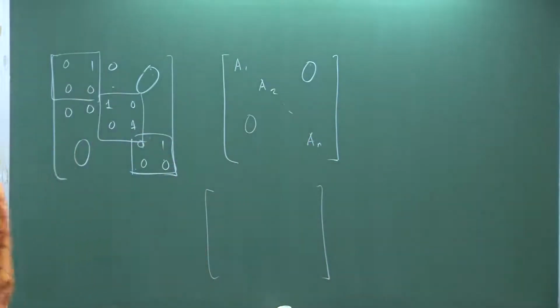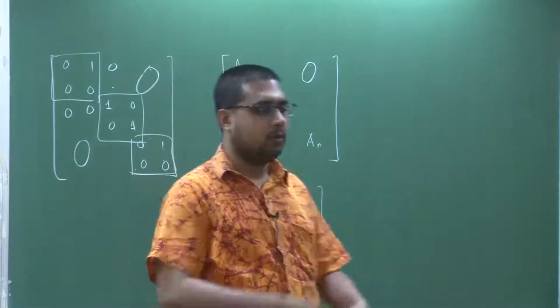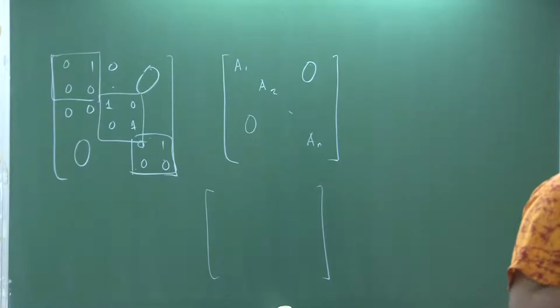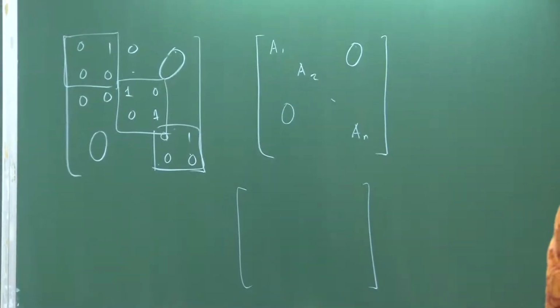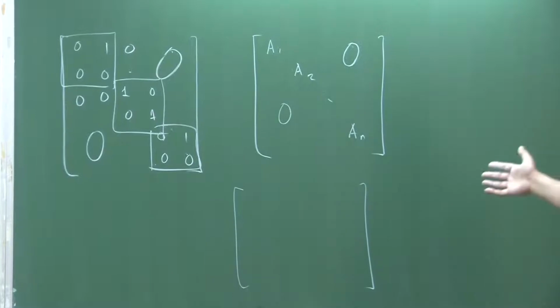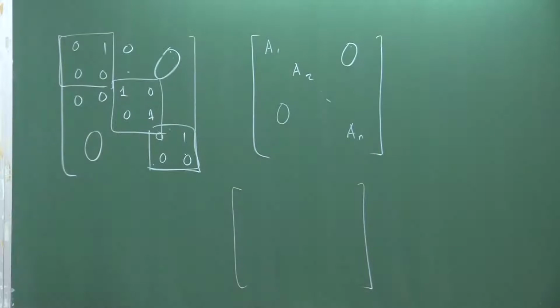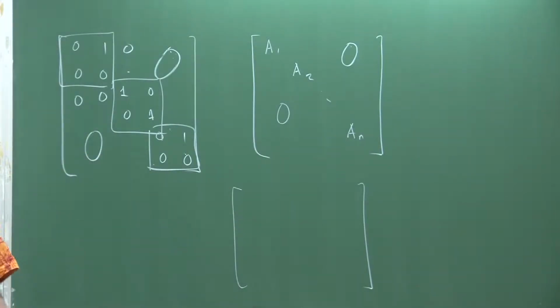Now, we have at least convinced ourselves that for more general linear operators beyond the diagonalizable ones, we may expect, or we can at least try, to bring their matrices to such a form.